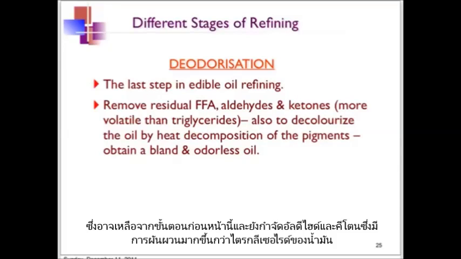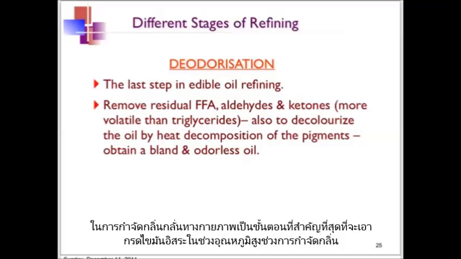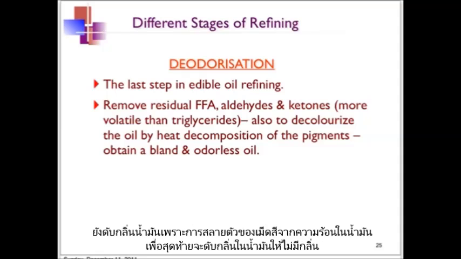In physical refining, deodorization is the most important step to remove the free fatty acid. The high temperature during deodorization also decolorizes the oil because it decomposes the pigments in the oil. So the final deodorized oil will be bland and odorless.